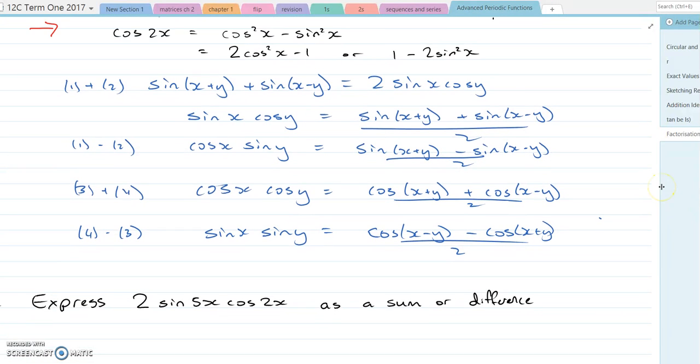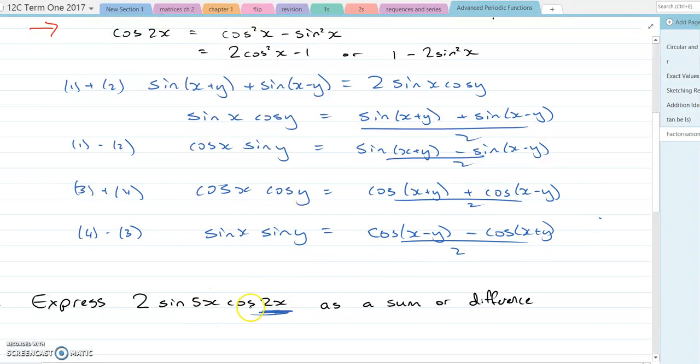So here we go. We have this sine of 5x cos of 2x. Now it's a bit confusing here because we've got all these x's, and these x's are not the same as these x's. I mean, these could be a's and b's.